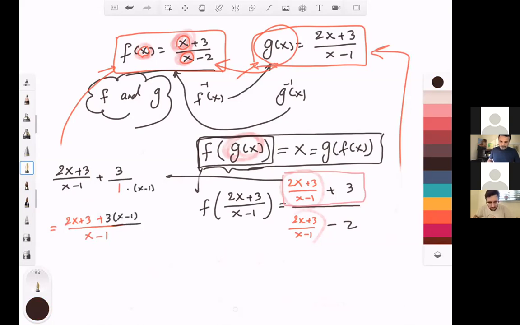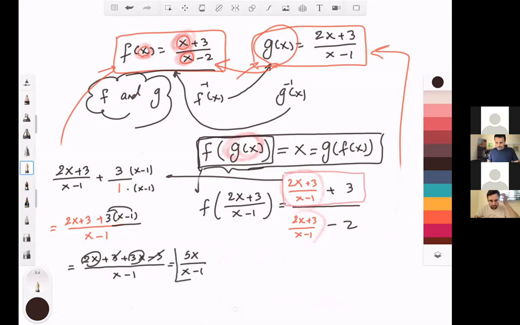I multiply by x minus 1 top and bottom. Equal to 2x plus 3 plus 3x minus 3, divided by x minus 1. 2x plus 3x is 5x. Negative 3 and 3 will go, over x minus 1. So we got this. This goes right there, this for this one.